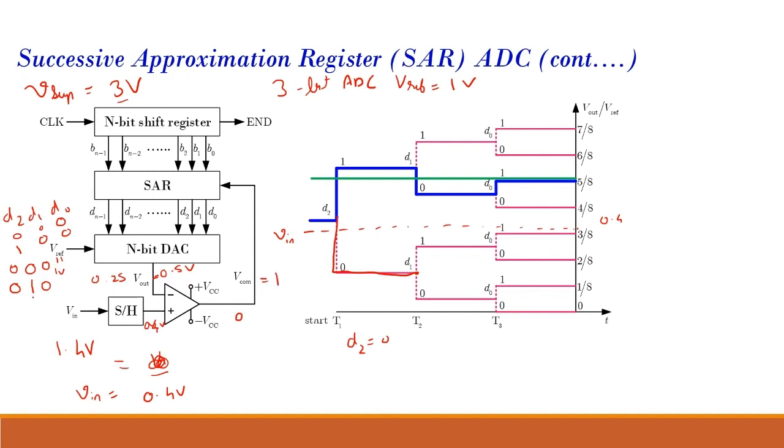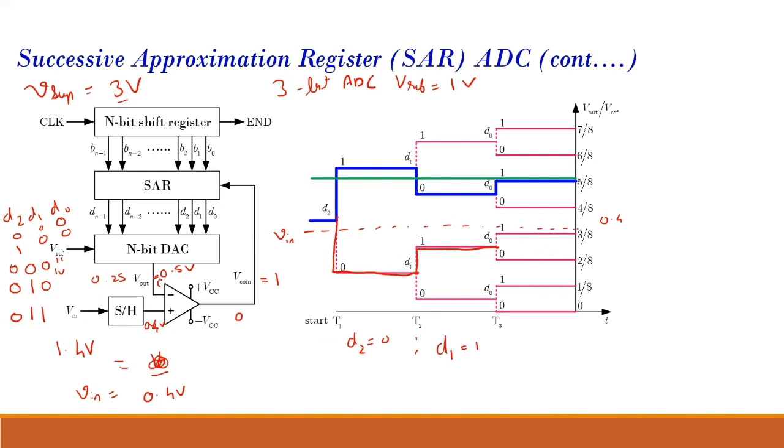So D1 will still remain as 1. Then it will make D0 to 1. So 0, 1, 1 comes out to be 3 by 8, that is 0.375.